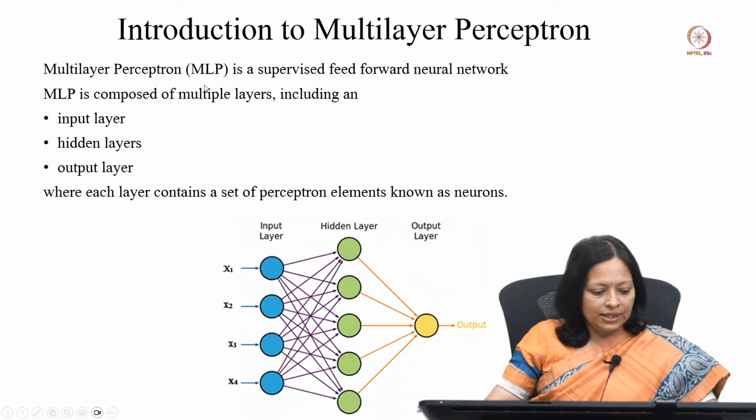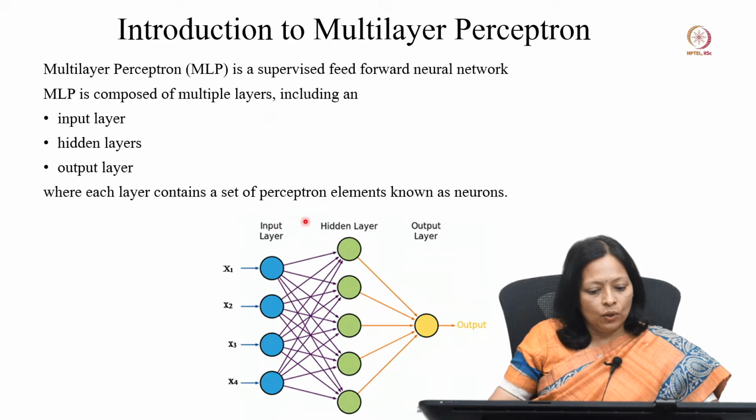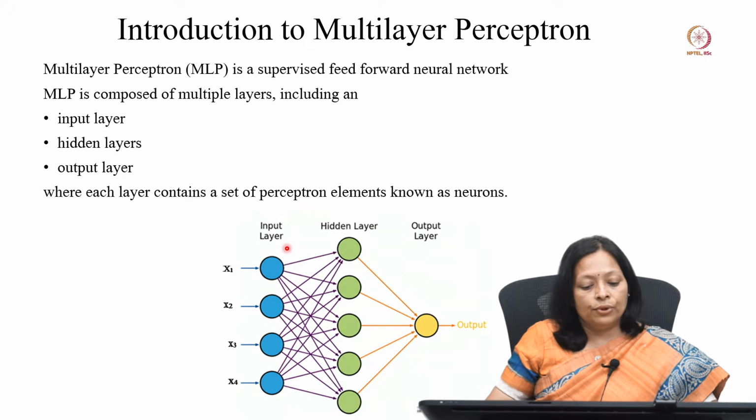So, if we see this picture, we have an input layer here, we have a hidden layer here, and an output layer here. The input layer consists of the neurons, and the inputs come to these neurons, x1, x2, x3, x4, these are the inputs to these neurons in the input layer.